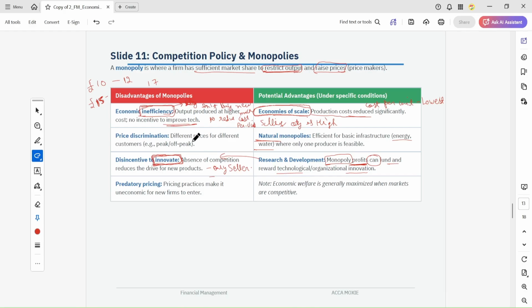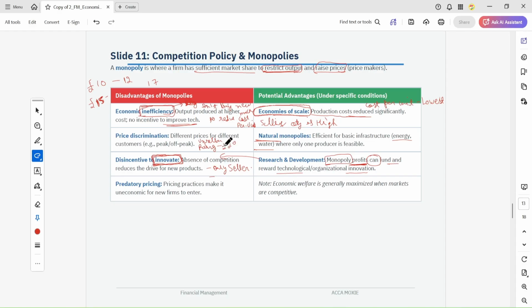Price discrimination is when you are in the monopoly situation, you can sell to customers at a very high price or even at a low price. For example, if you are the seller of umbrellas, in the rainy season you are selling the umbrella at 20 pound.